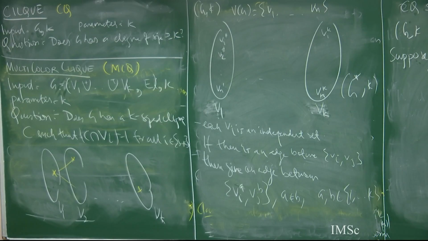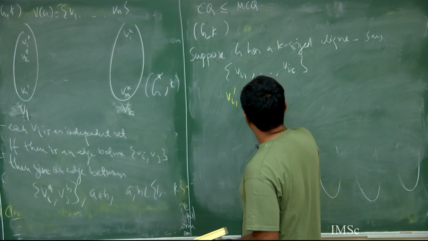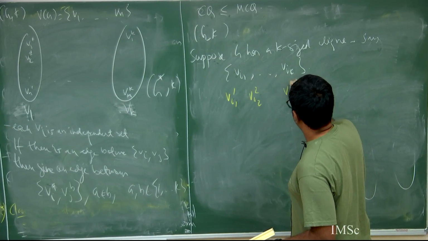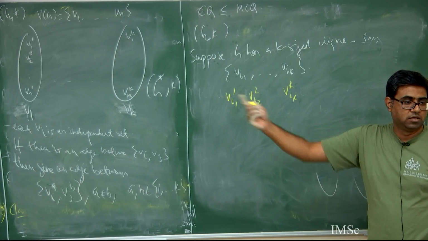Then go Vi1 copy 1, Vi2 copy 2, Vik copy K. I claim to you this is a clique in this graph.